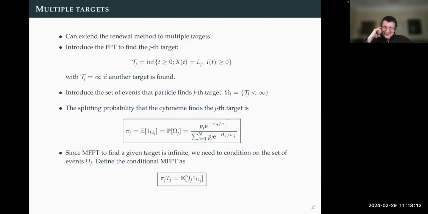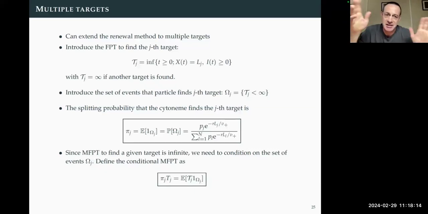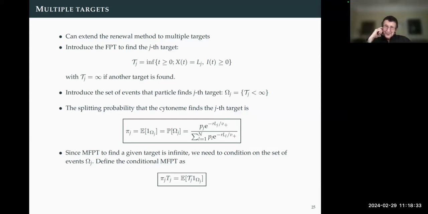But if you do this with some frequency, let's say exponential, like Poisson, you send out another search party every now and then, you make the probability of hitting the target essentially 1. And so the mean passage time becomes finite all of a sudden.